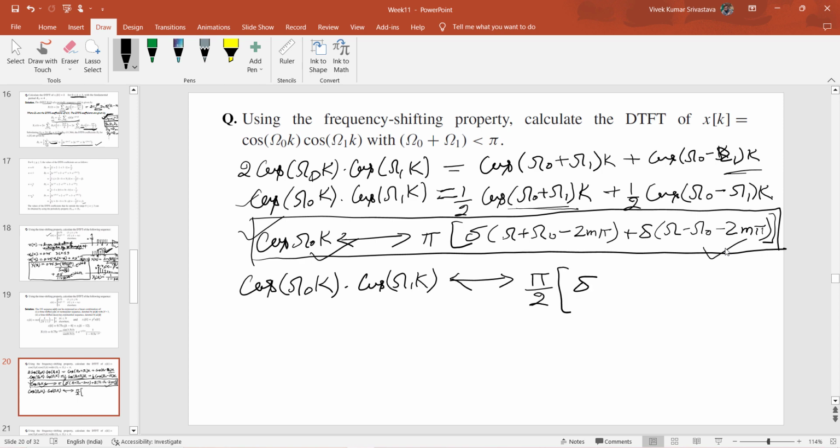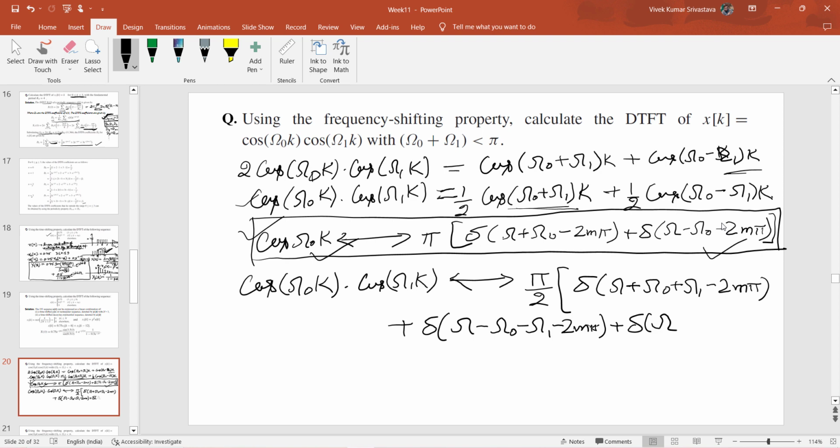Further we can write it as delta of rho plus rho naught plus rho 1 minus 2 m pi, plus delta of rho minus rho naught minus rho 1 minus 2 m pi, plus delta of rho plus rho naught minus rho 1 minus 2 m pi, plus delta of rho minus rho naught plus rho 1 minus 2 m pi.